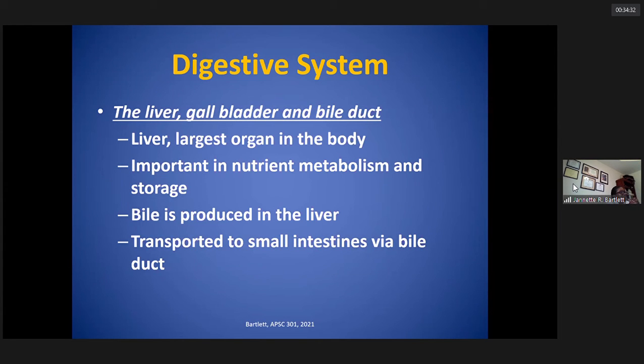Now, the liver, gallbladder, and bile duct. We know the liver is the largest organ in the body, right? It is very important in nutrient metabolism and storage. Bile is produced in the liver, and then it is transported to the small intestine by way of the bile duct.